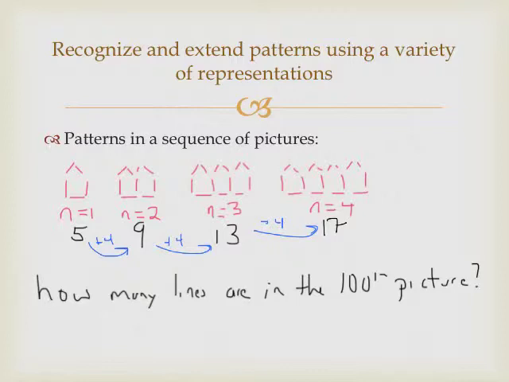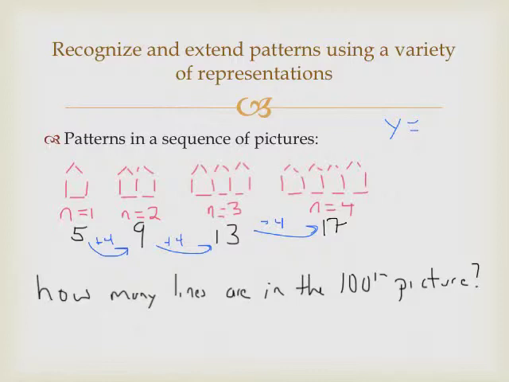So we maybe want an equation. I want an equation that will give me the number of lines in a picture based on its number in the sequence. Okay? Now, there's two ways that I could do that. I could start by assuming that there was a picture number 0, which I think is okay to do.